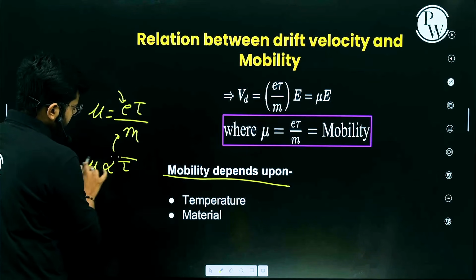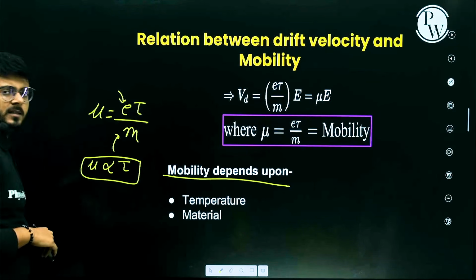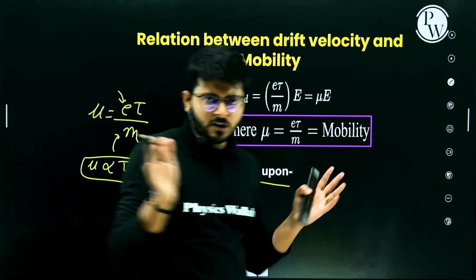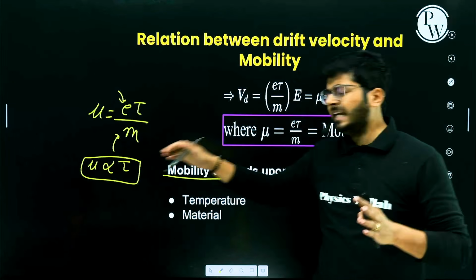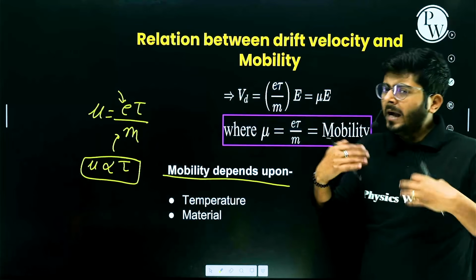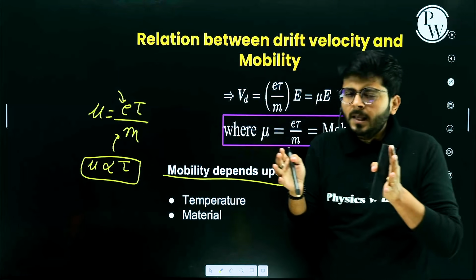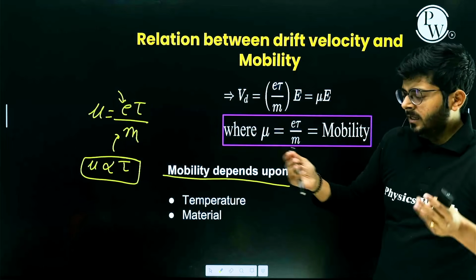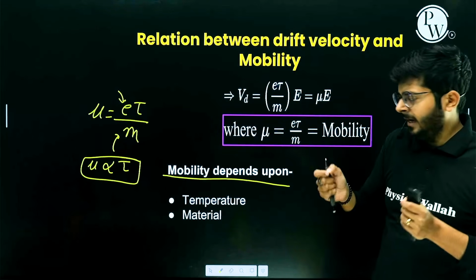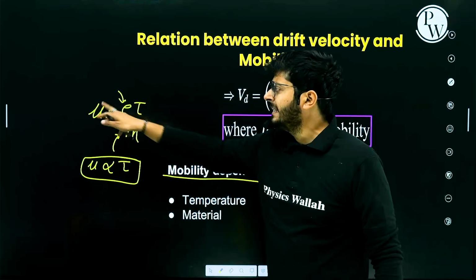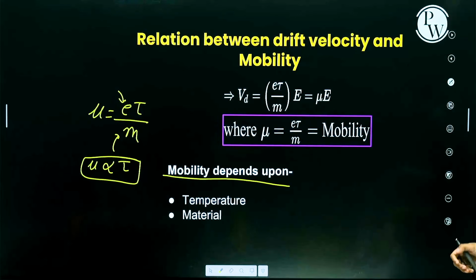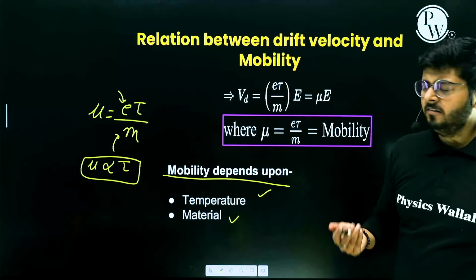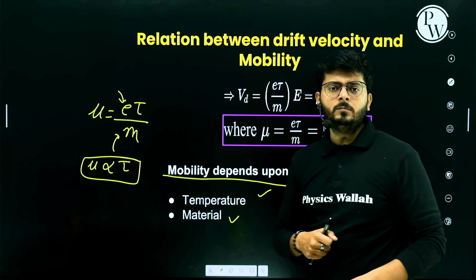So the mobility depends on the relaxation time. If the collisions are happening much more frequently, the relaxation time will reduce. Why would the collisions happen more frequently? Because you may have increased the temperature. If you increase the temperature, the collisions will increase, and the relaxation time will reduce. That will reduce the mobility. And of course, changing the material itself will also change the mobility.